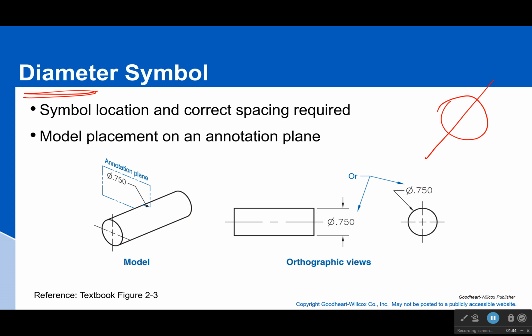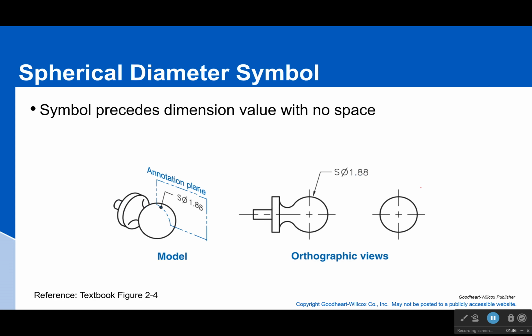Now, there are a lot of different diameter symbols. There's also the spherical diameter in case it was actually a sphere. What is it? Well, it's an S to say spherical, and then the diameter symbol, along with the number. If it's annotated, then it's always drawn in the annotated plane, which is going to be, in this case, parallel to the axis of revolution of that sphere.